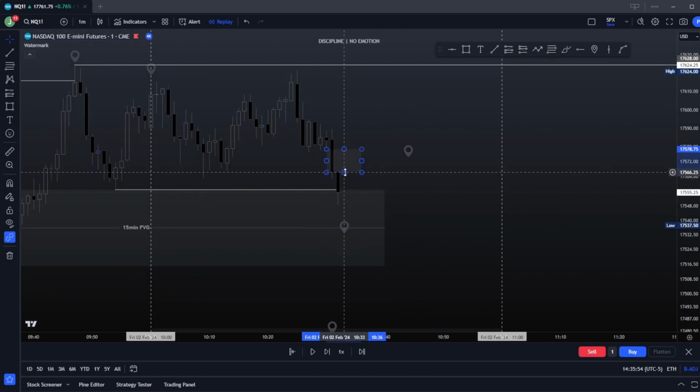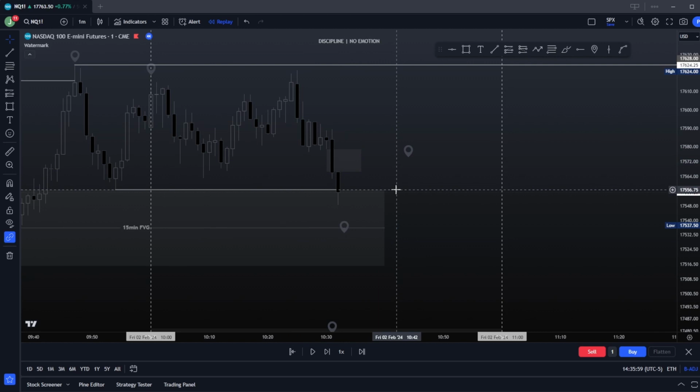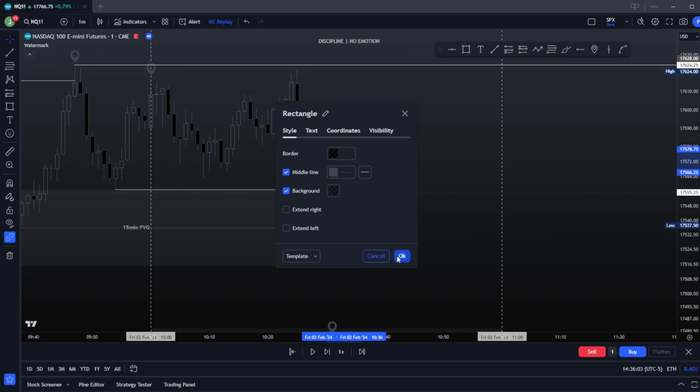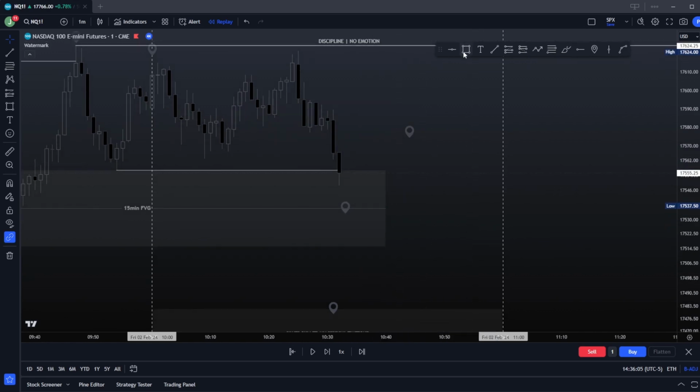Ultimately, when you look for a fair value gap that gets created off of a market structure shift, you want to see a fair value gap get created through the low that it broke, that creates that market structure shift. That's where you want the fair value gap to typically be.